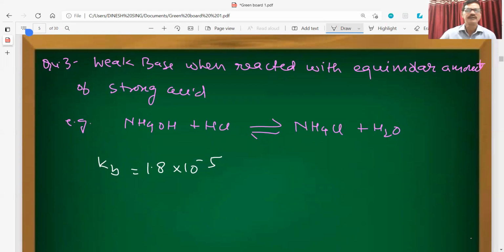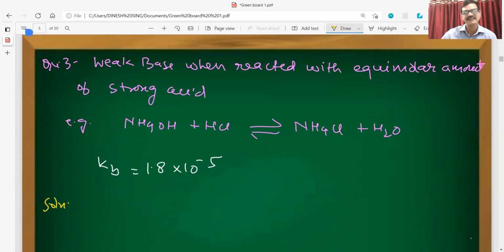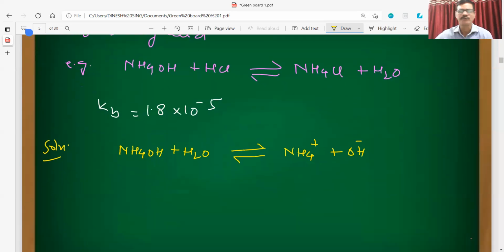So now for this reaction, again we have to check what reaction is actually taking place. NH4OH is a weak base. So here it is a weak electrolyte, and equilibrium will be attained between NH4OH and NH4 positive and OH minus. HCl is a strong acid, so it will exist in a 100% ionized state.